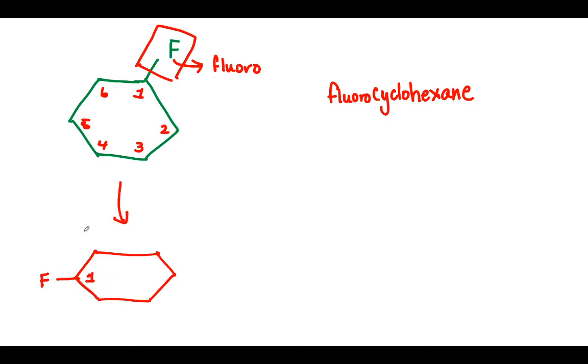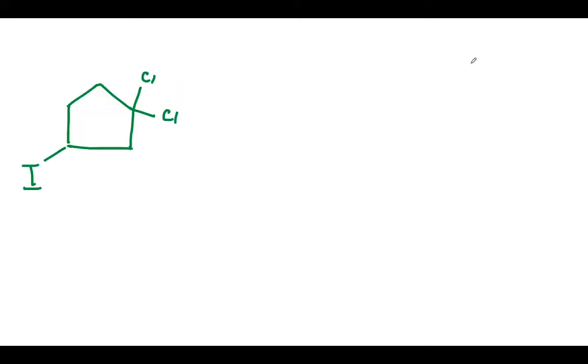So because I only have 1 of these side groups and it's only 1 fluorine, I can just write fluorocyclohexane because that 1 is implied. There's no other possibility for this particular molecule. There can never be a 2-fluorocyclohexane. That is not possible. Okay. Moving on to our next example.